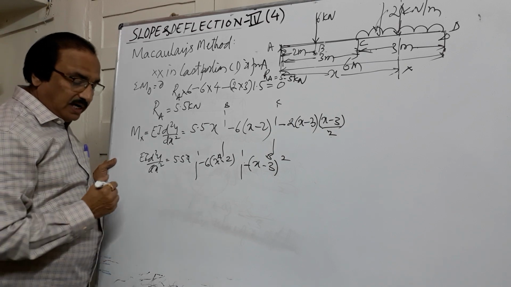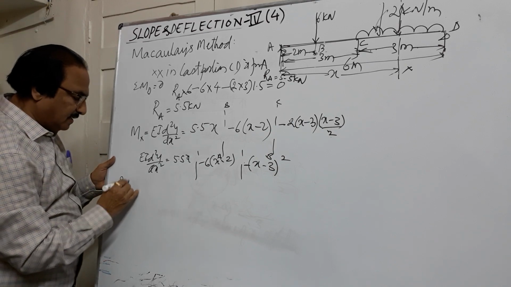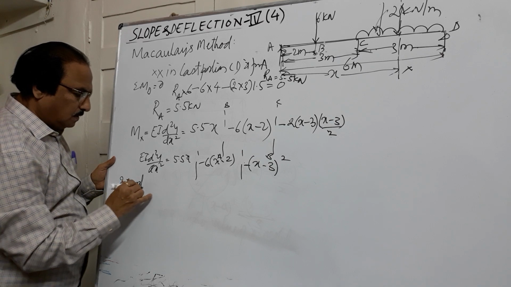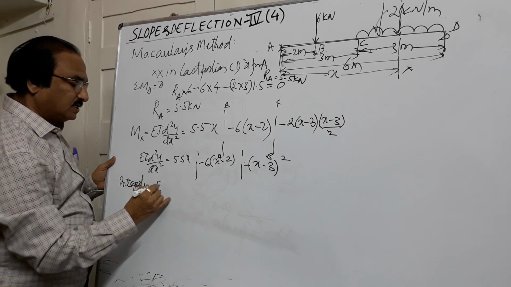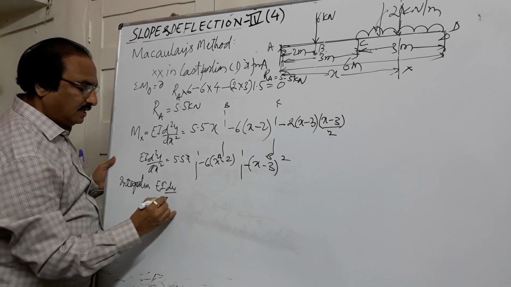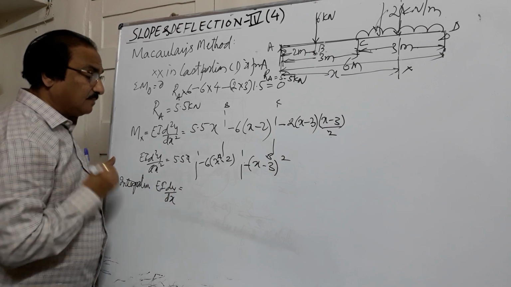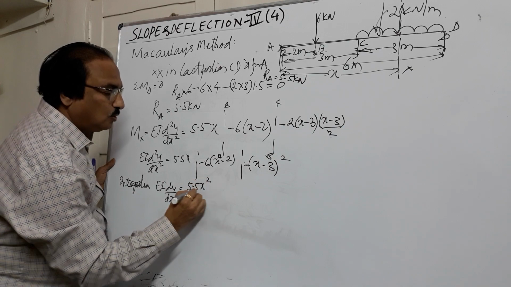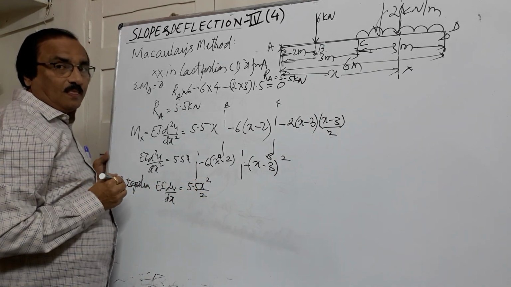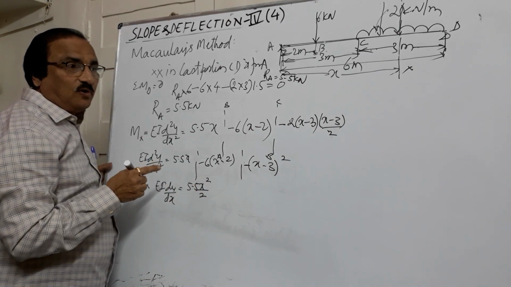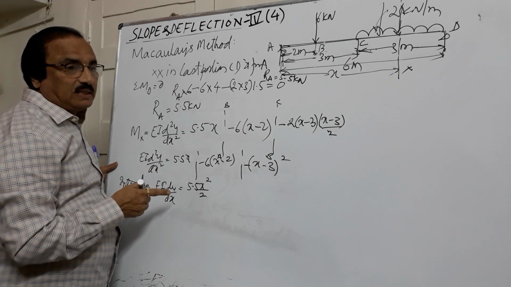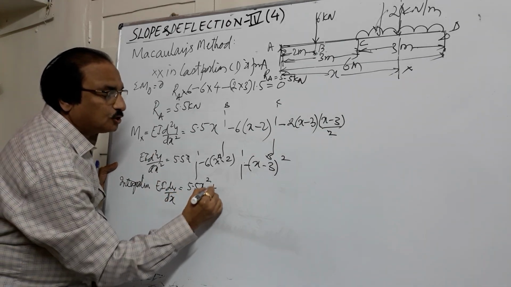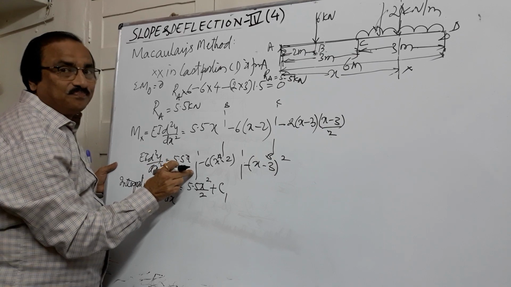Now we will go for integration. So let us integrate. Integration will be EI dy by dx, and dy by dx is nothing but the slope. So this will be 5.5 x square by 2. Now the rule to be followed in Macaulay's method is the constants of integration should be written in the first portion only.